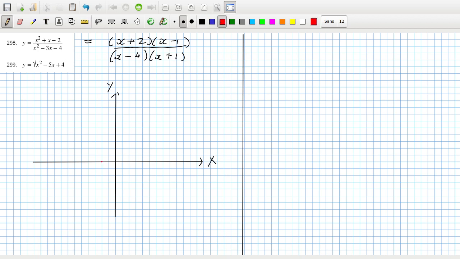Asymptote. At 4, there's an asymptote. At minus 1, there's an asymptote. At 0, we pass through a half.